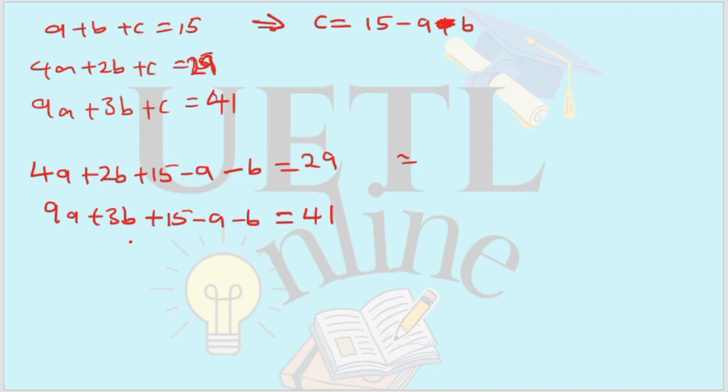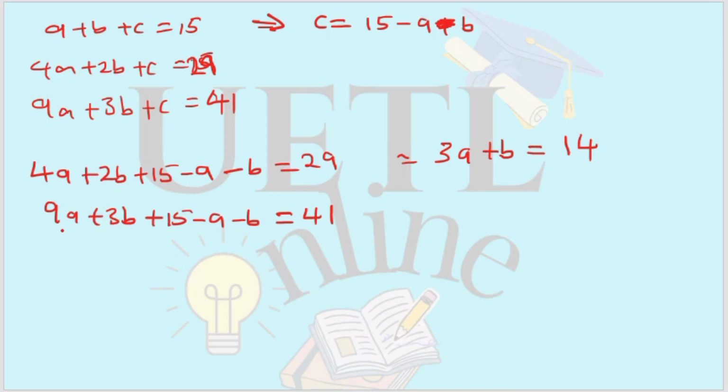So now let's simplify this. If we simplify this here, we can get 3A plus B is equal to, we put 15 here, 29 minus 15, which is 14.